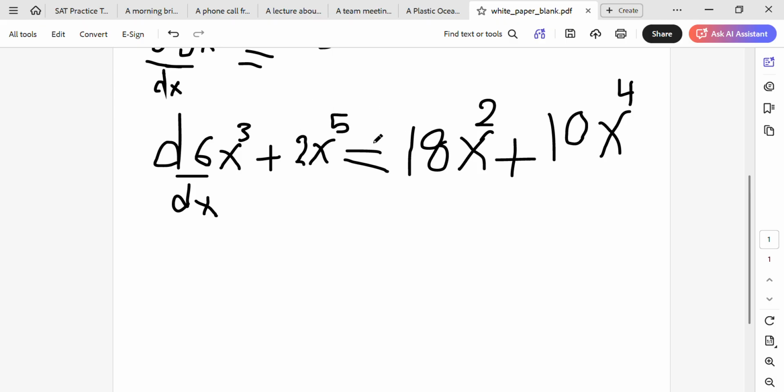Here n is 5, minus 1, that's 4. So the new function after finding the derivative is just 18x squared plus 10x raised to the power 4.